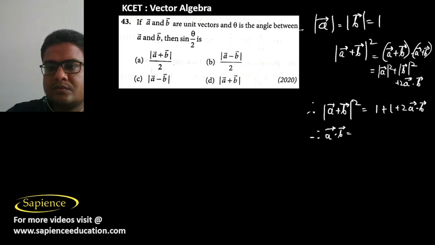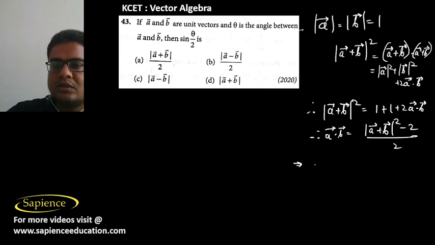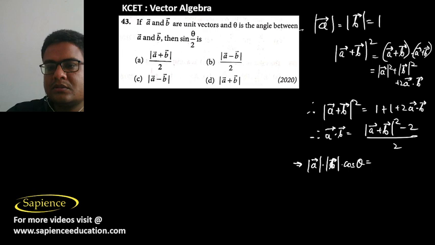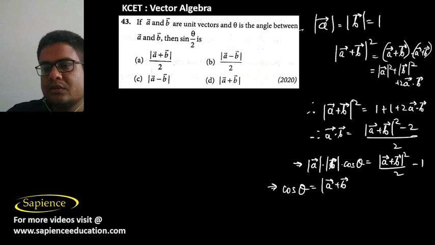Therefore, a dot b is equal to mod of a plus b whole square minus 2, by 2. Means that mod a, mod b cos theta is equal to mod of a plus b whole square by 2, minus 1. So cos theta is mod of a plus b whole square by 2 minus 1.